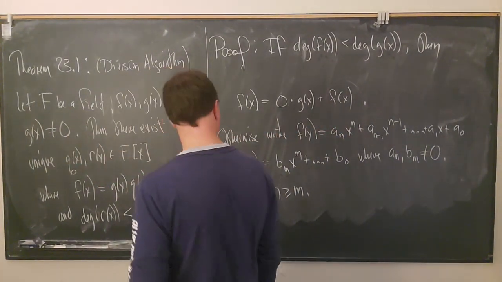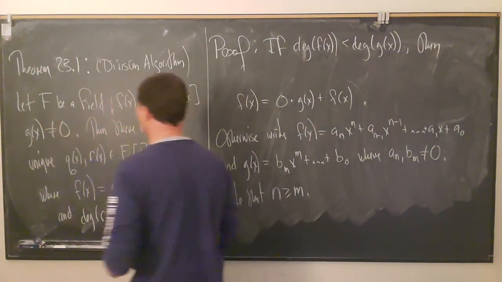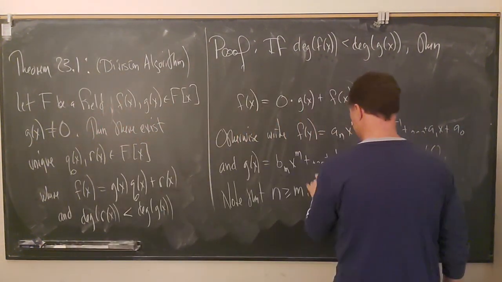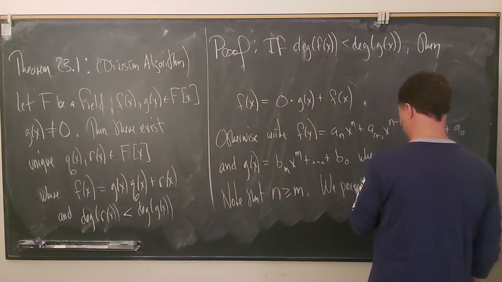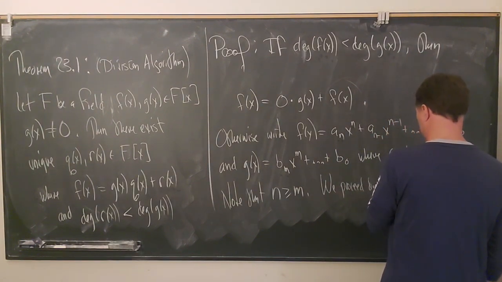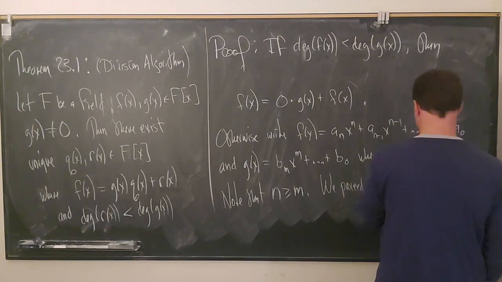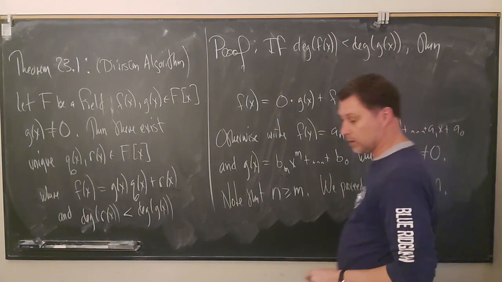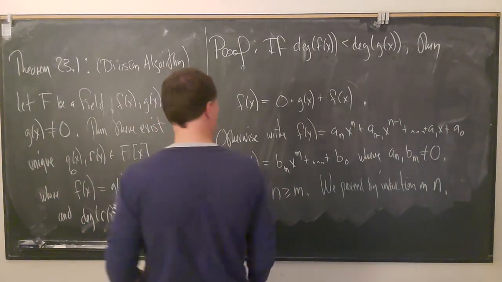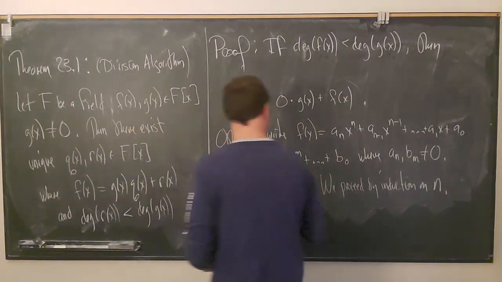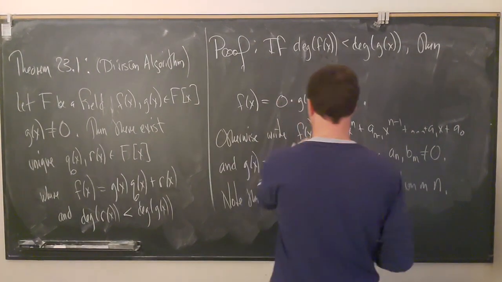So now what we're going to do is we're going to work by induction. So we proceed by induction on little n. So notice what we're doing is we're inducting on the degree of f of x.